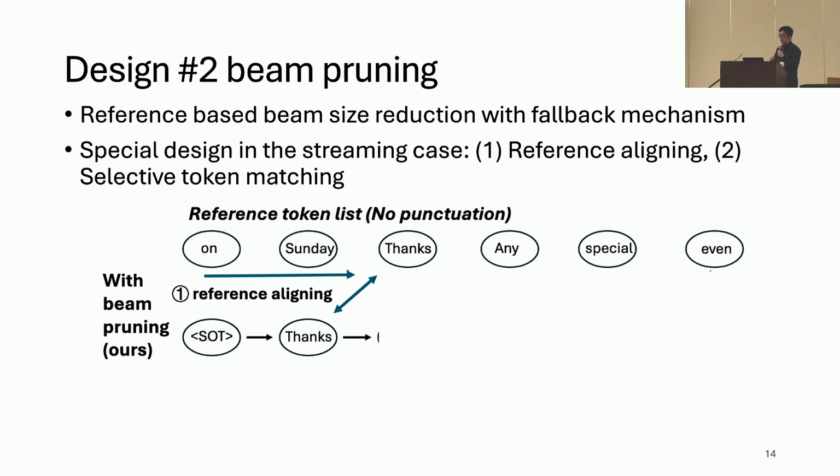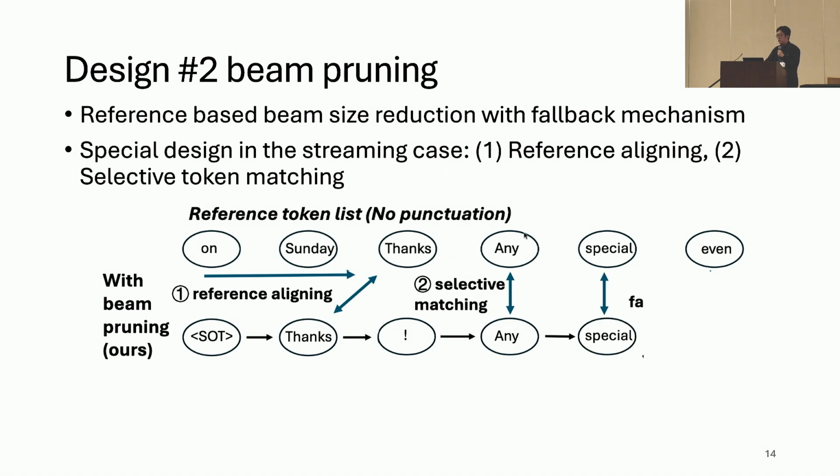So we need to first align them together, and we simply do a linear search to find the first matching token. Then we continue the decoding token by token and try to match the current decoding token with the reference token.